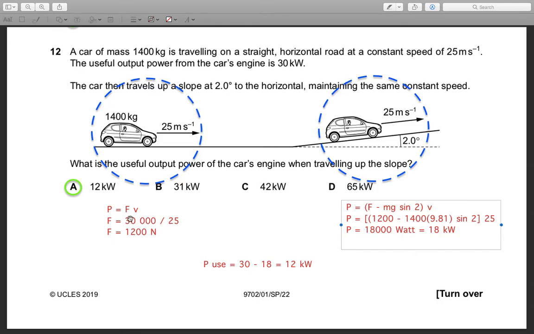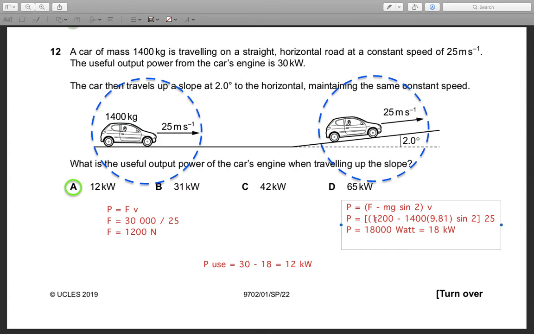Same with the formula before, power is equal to force times velocity, but the difference is the force. We have force minus mg sine theta, so power equals force minus mg sine 2 times velocity.